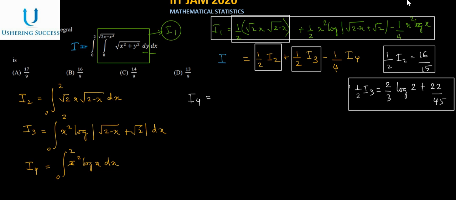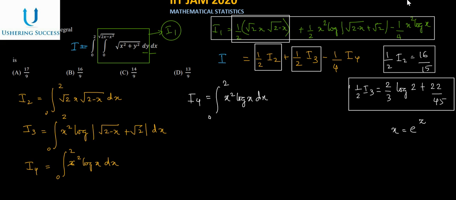So I4 is integral 0 to 2 x square log x dx. Again we'll follow the same rule. We will substitute, because we have a log x, so we'll substitute x as e to the power z.